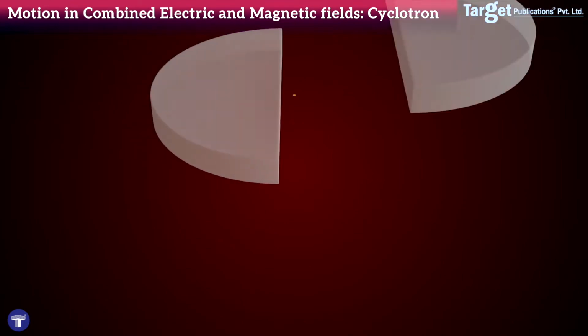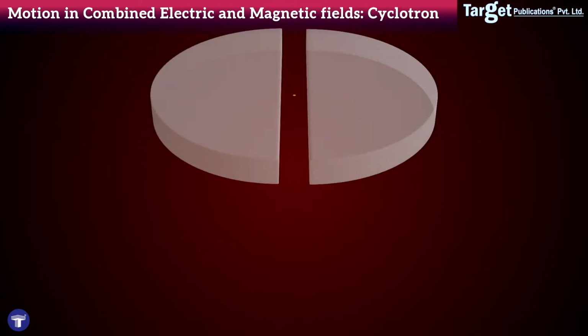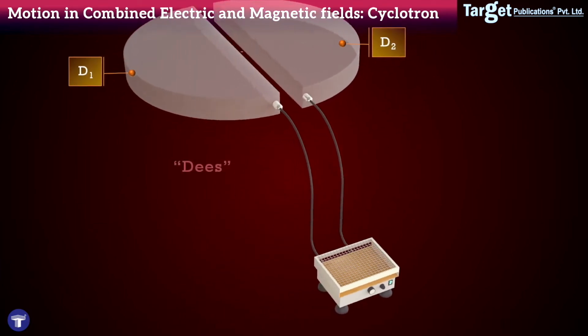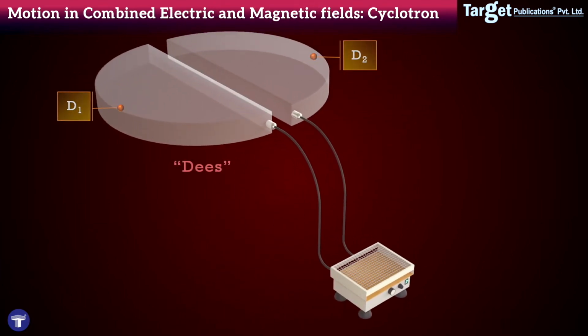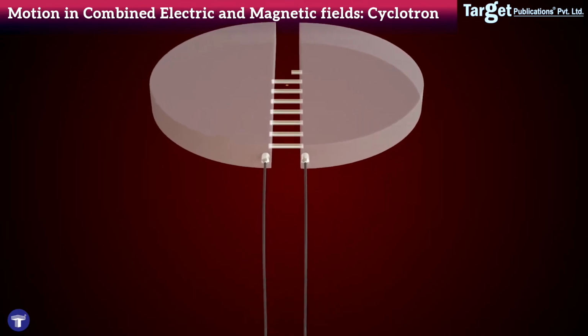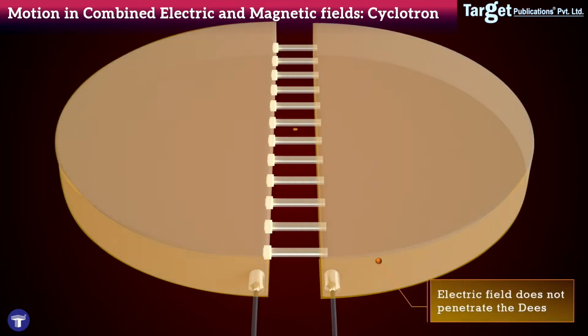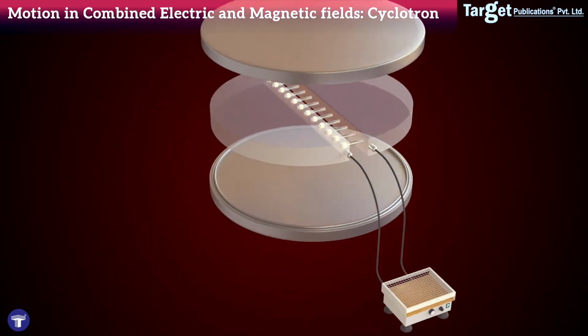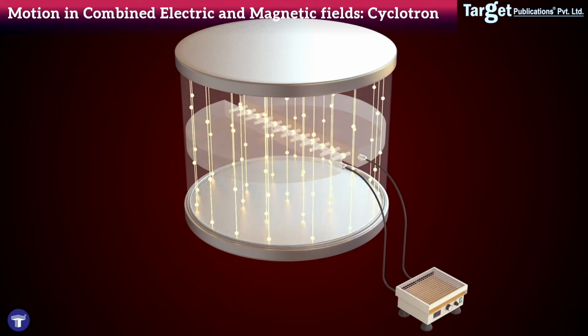It consists of two semicircular disc-like metal containers, D1 and D2, simply known as Ds because they look like the letter D. Inside the metal Ds, the particle is shielded and is not acted upon by the electric field. The magnetic field, however, acts on the particle and makes it go round in a circular path inside a D.